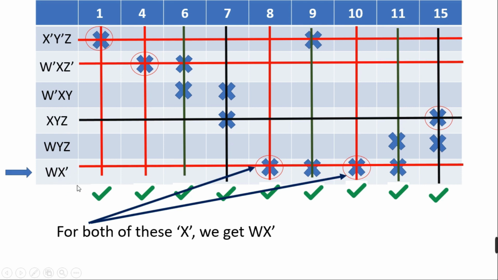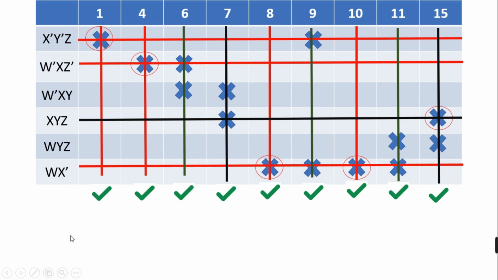So what we'll do, we'll take those corresponding prime implicants out, and then we're going to put plus sign among them. So basically our final answer will look like something like this one.